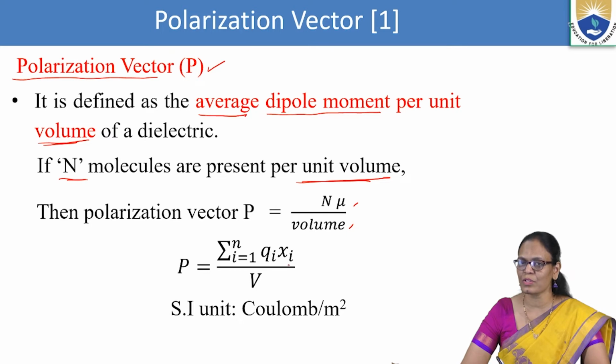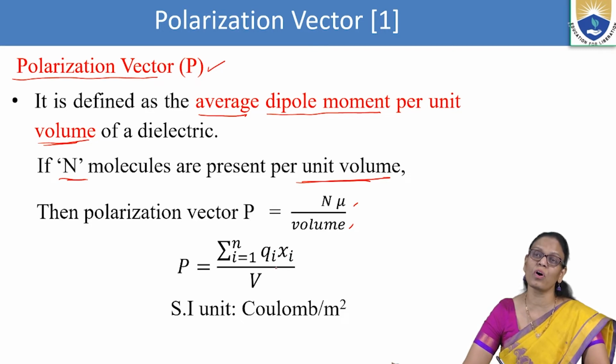So Q into X gives us the dipole moment, and we have to take the sum of the dipole moments of all the N molecules.